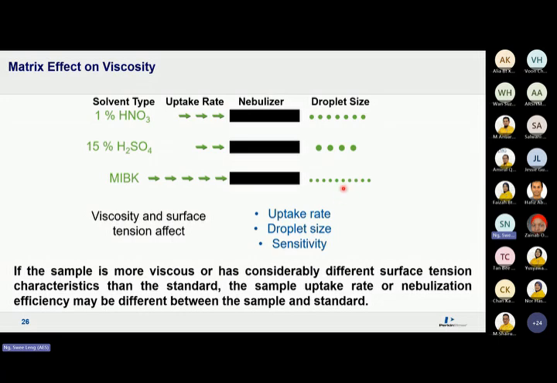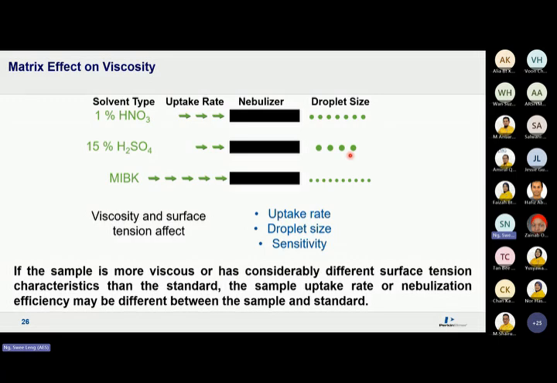Because in sample introduction, if you get big droplets, most of the time they will go to the waste, like in ICP and MS, all the big droplets will go to the waste. So you want to make the sample and the standard have the same impact. You don't want it to be different, because then you will have a bias.